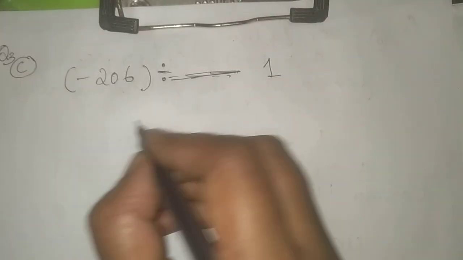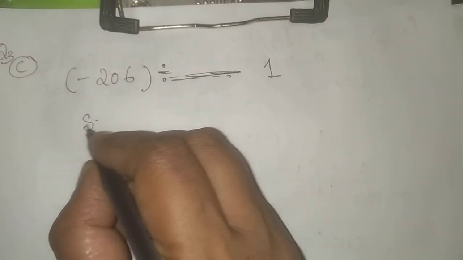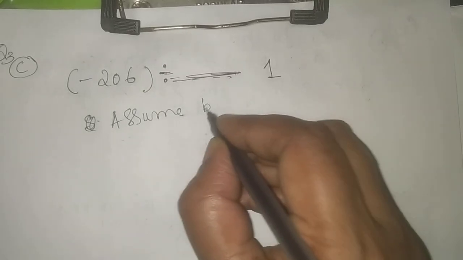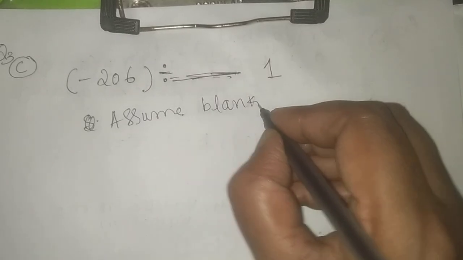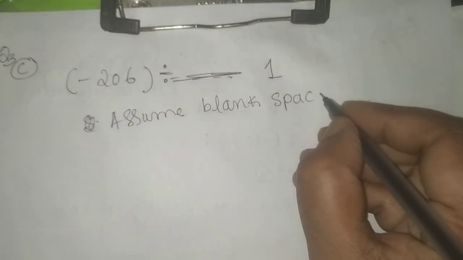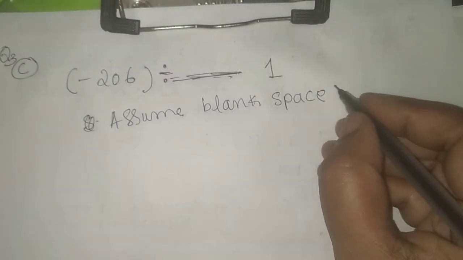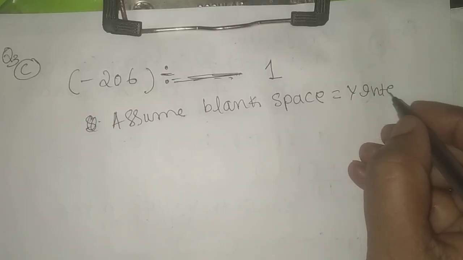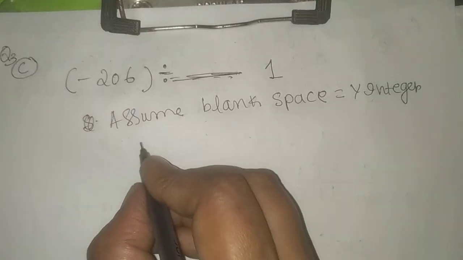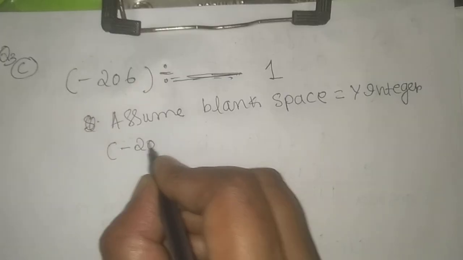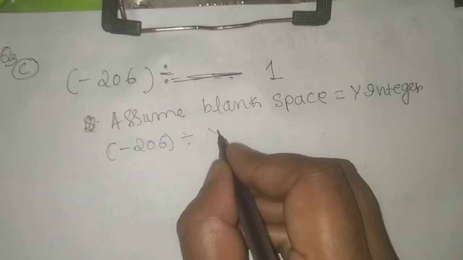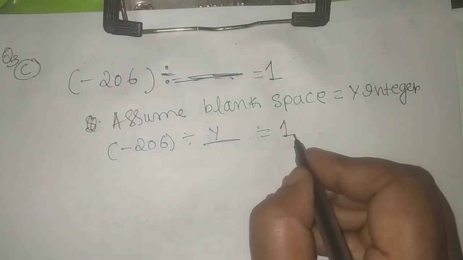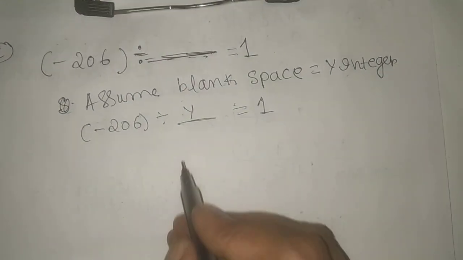Now same thing, assume the blank space is equal to y integer. So we'll substitute here minus 206 divided by y is equal to 1. Now we have to get answer as 1.